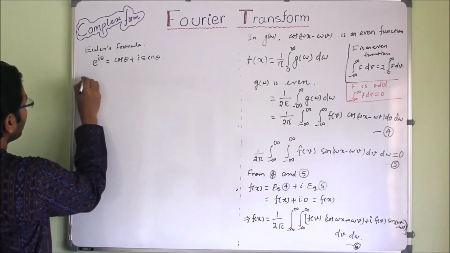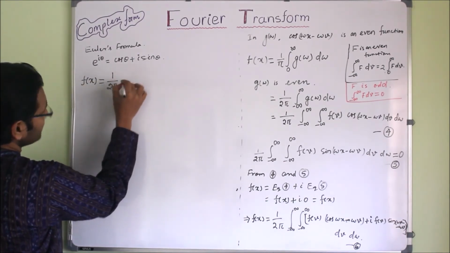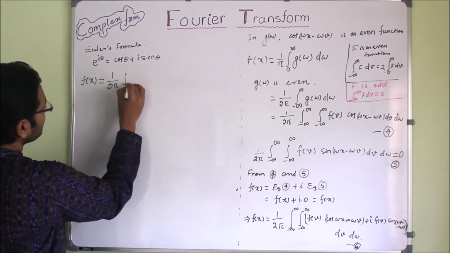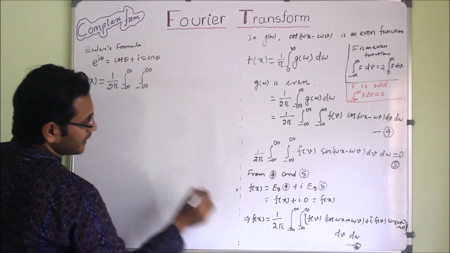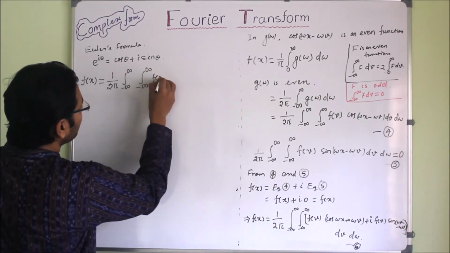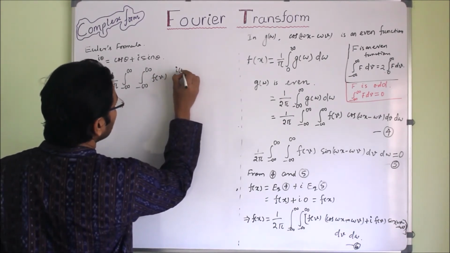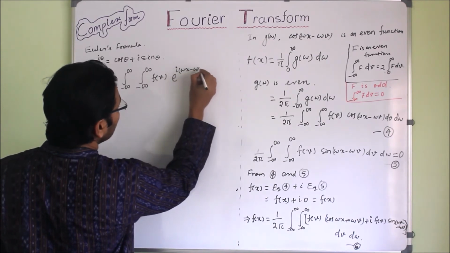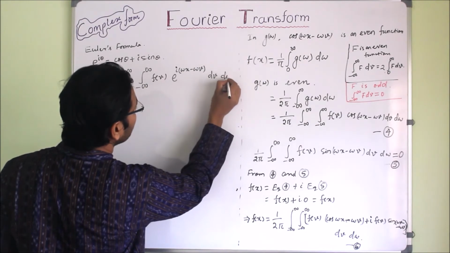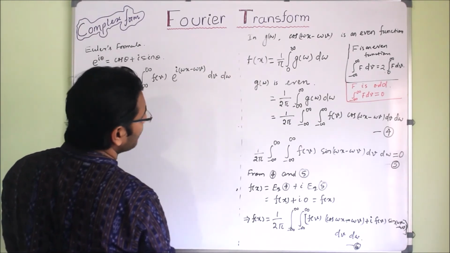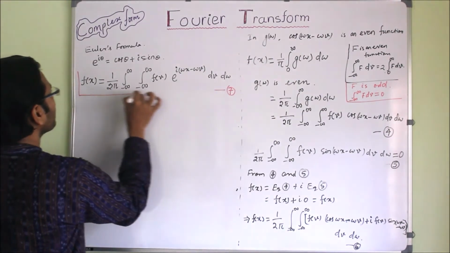It will be f of x equal to 1 by 2 pi times the integral from minus infinity to infinity, another integral from minus infinity to infinity, and inside it will be f of v e to the power i(wx minus wv) dv dw. So this will be our equation 7 and it will be very important.